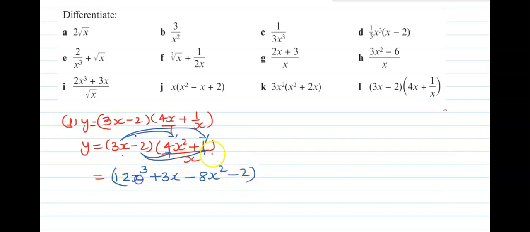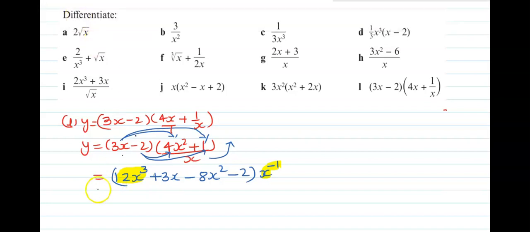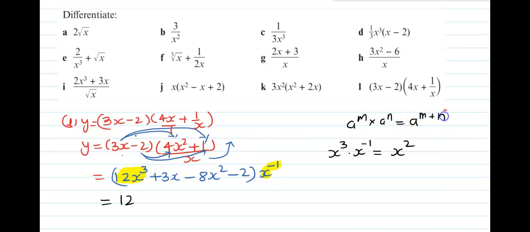So I'm taking x up, so it will be x to the power minus 1. Now I'm going to multiply this x to the power minus 1 with 12x cube. When we multiply, it will be 12 x cube times x minus 1, which is x to the power 2. Indices rule: a to the power m times a to the power n is a to the power m plus n.